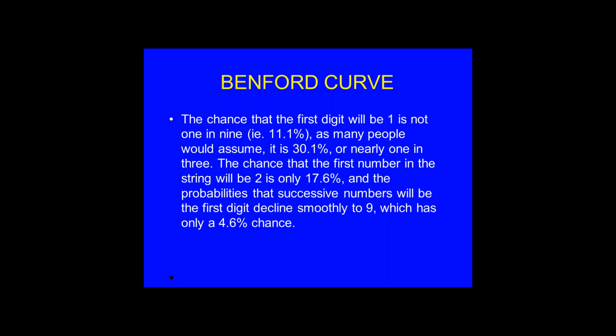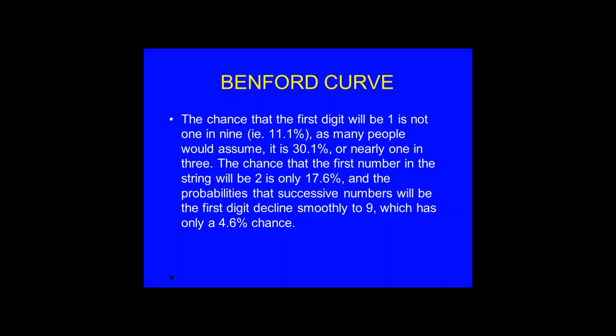And obviously, the first number can never be 0. One big thing, and there's a psychological component to it: when people invent numbers, we have a subconscious bias towards certain numbers. Mine could be 2, yours could be 3 or 9.